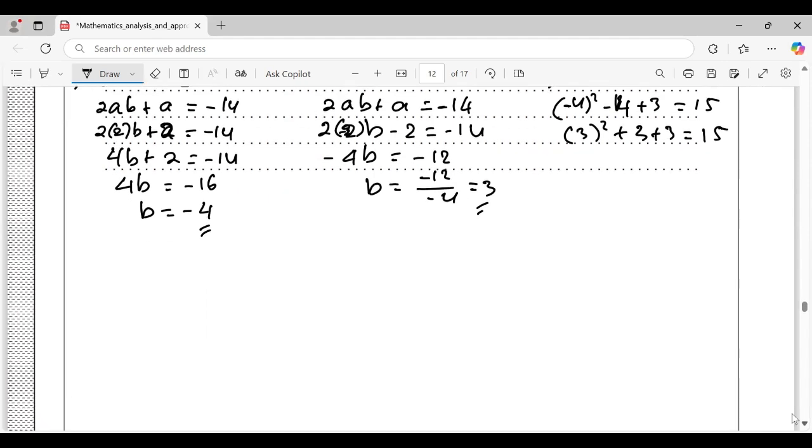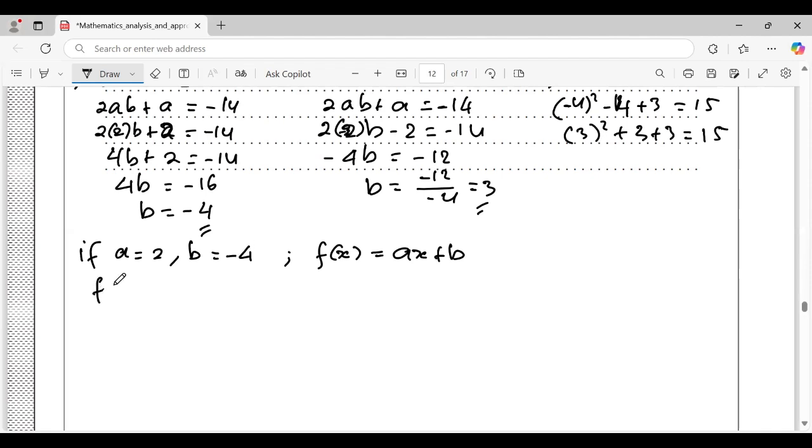Right, we are going to find the function. If a equals 2 and b equals minus 4, and f(x) equals ax plus b, we can substitute this information into this function.